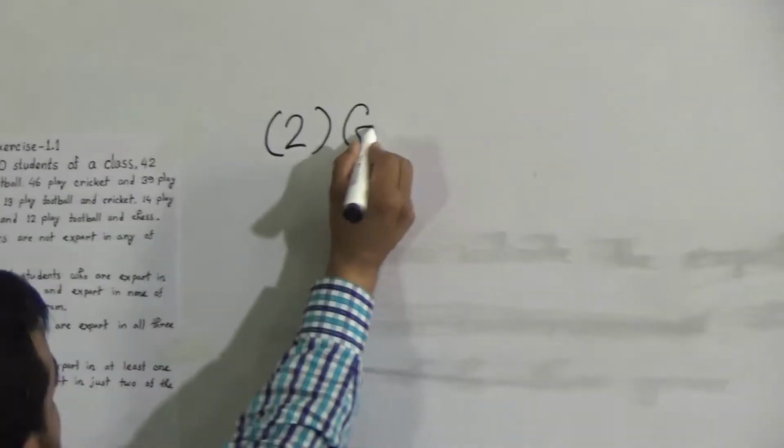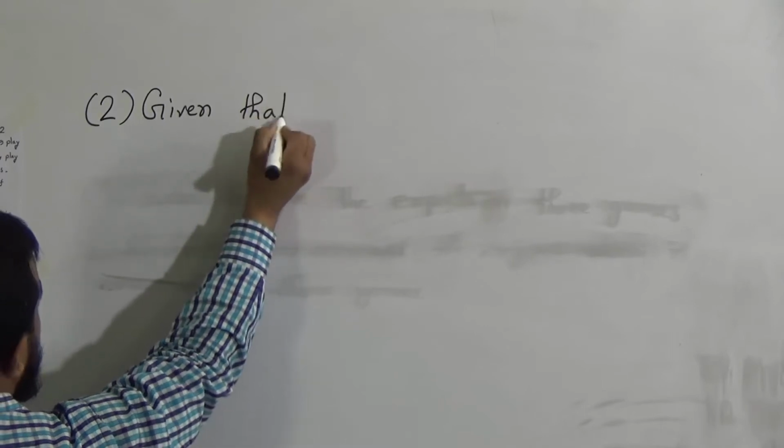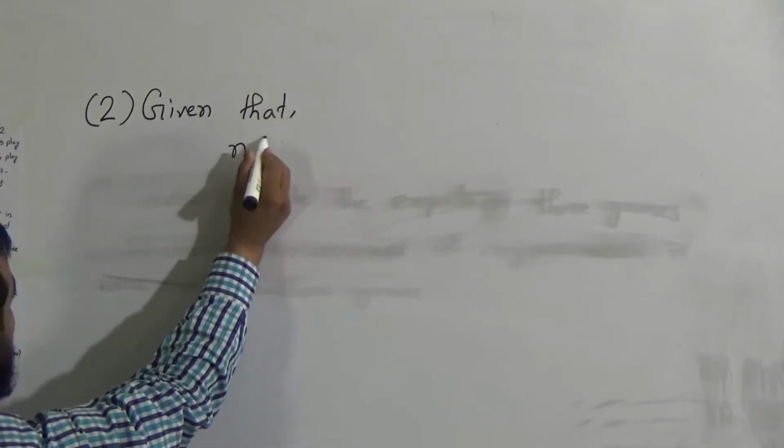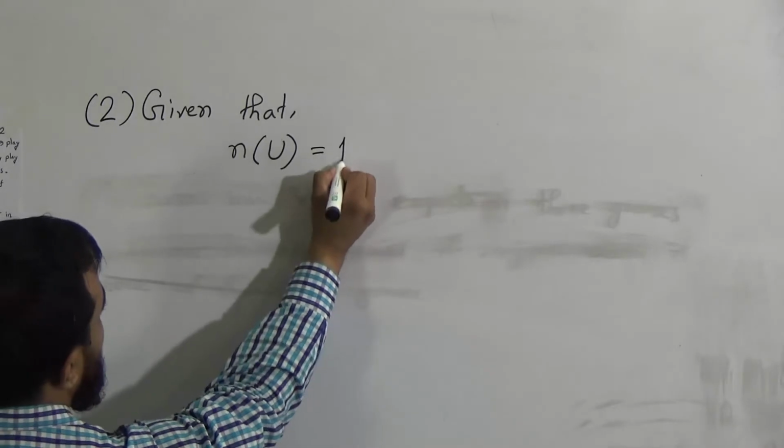Activity 2 solution. It is given that the number of elements of U, the universal set, that means the total number of students, is 100. Number of elements of U is 100.